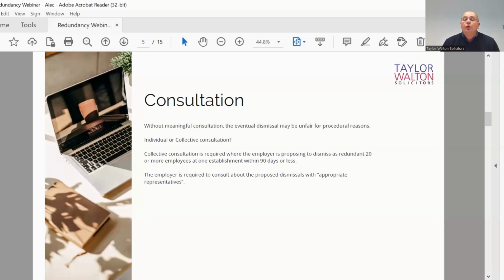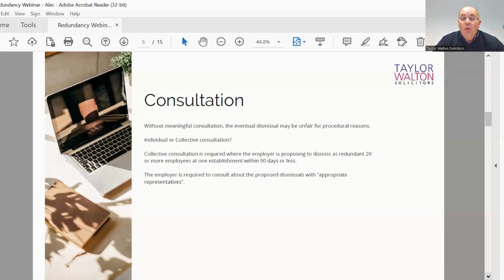If you Google HR1 form, you'll see the form required, and that should be done as soon as it is known that there is a likelihood of 20 or more redundancies.